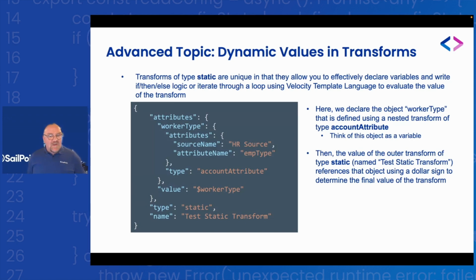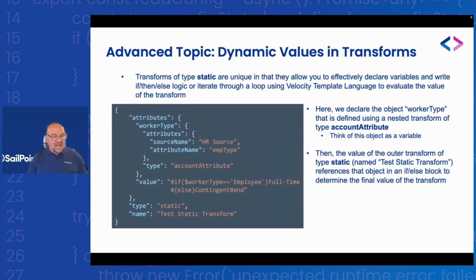That name is then used statically, and it can be referenced with other transforms. So if you notice that the worker type string value there is actually a velocity template. We can look at this in a little more detail here. It's the same transform, but the value has changed, and we're augmenting it with a decision about what value you're going to return.